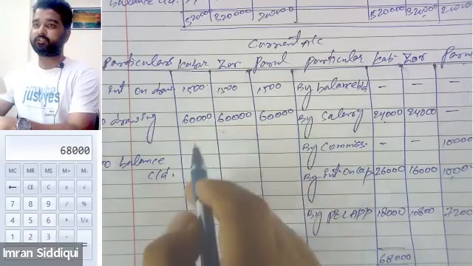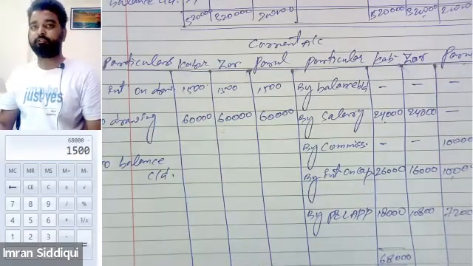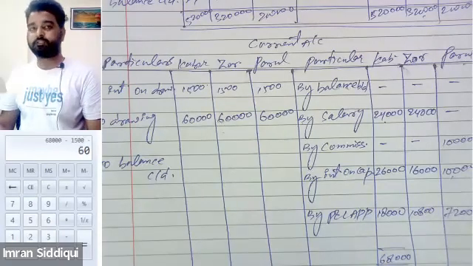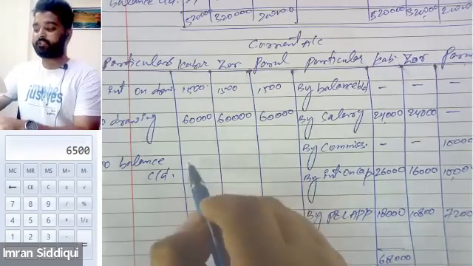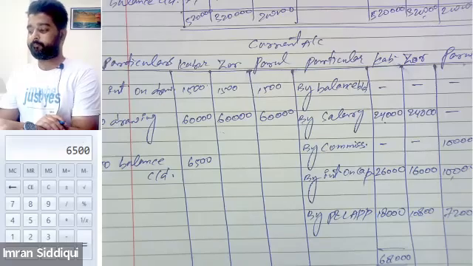Yes. And out of 68,000, we will subtract these values, 1,500 and 60,000. So subtract 1,500 from it. Also subtract 60,000 from it. So the remaining balance will be 6,500. This will be the closing balance of Kabir. Okay. All right. Now let's calculate Zorawar's capital.